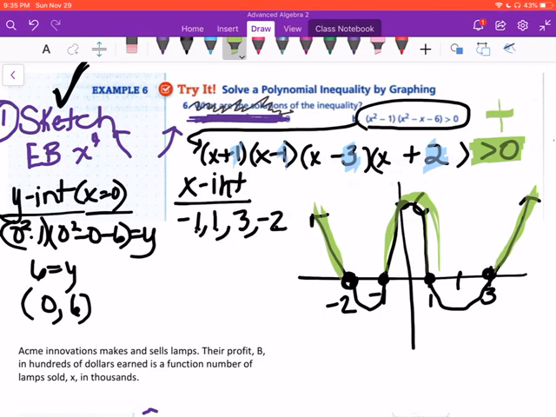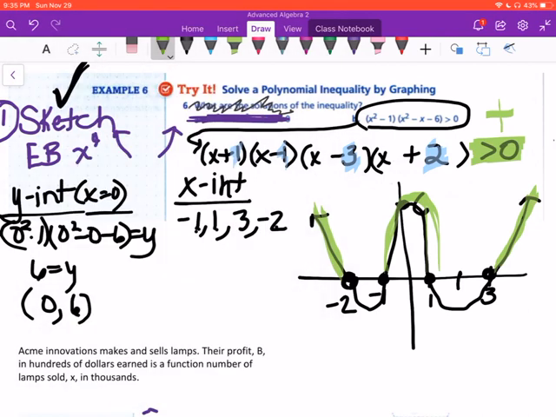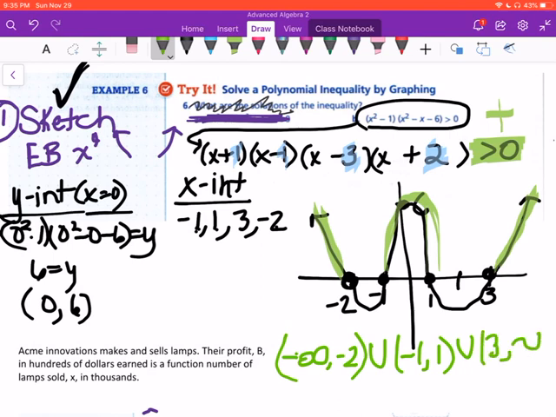So then my solution would be everything from negative infinity to negative 2, in union with negative 1 to 1, everything in between negative 1 and 1, and then from 3 to infinity. All the places where my graph would be positive.